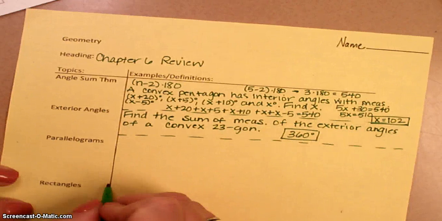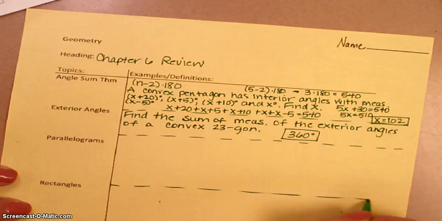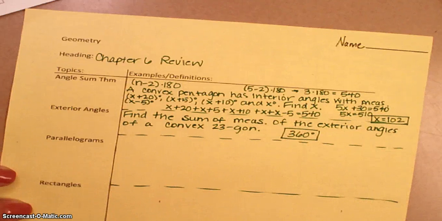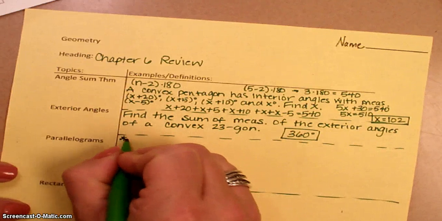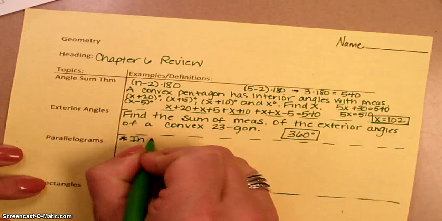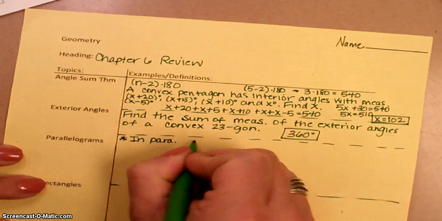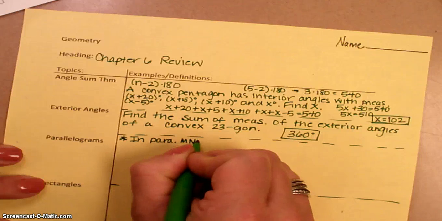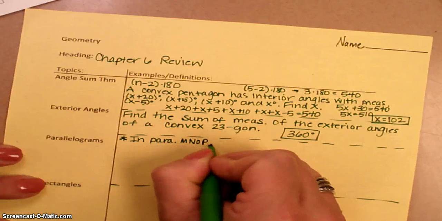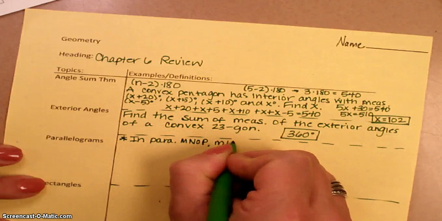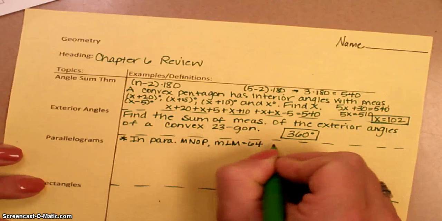All right, parallelograms. I'm going to do one example for parallelograms. Nope, I lie. 2 examples. The first one's short. In parallelogram MNOP, the measure of angle M is 64.